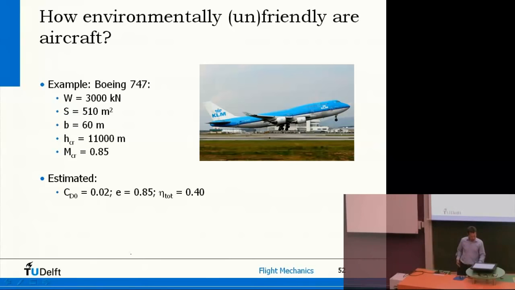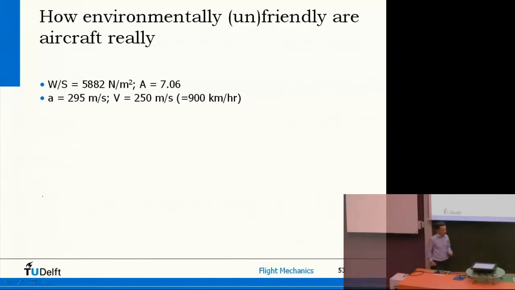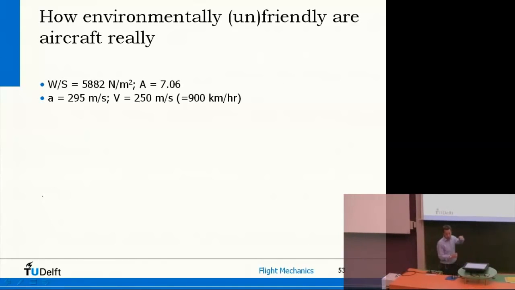If you take these numbers, let's just look at it. So this aircraft has a wing loading of about 6,000 newtons per square meter, an aspect ratio of 7. At 10 kilometers altitude, or what was it, 11 kilometers, the speed of sound is more or less 300 meters per second.